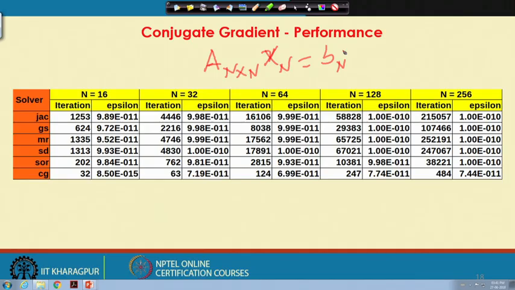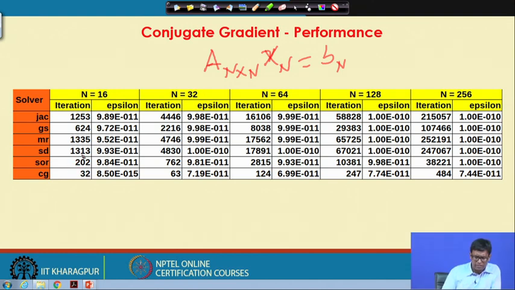Gauss-Seidel takes half of that. SOR with optimum over-relaxation factor takes a further smaller value. However, minimum residual and steepest descent take 1300 iterations. Conjugate gradient takes only 32 iterations, and we can check this is twice n, basically, the number of iterations.